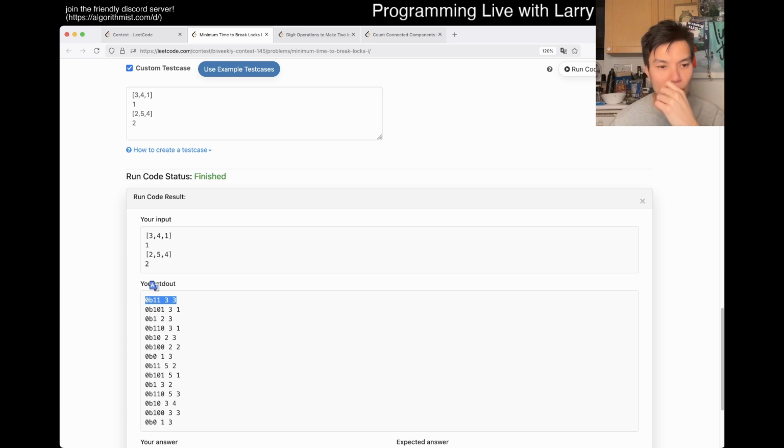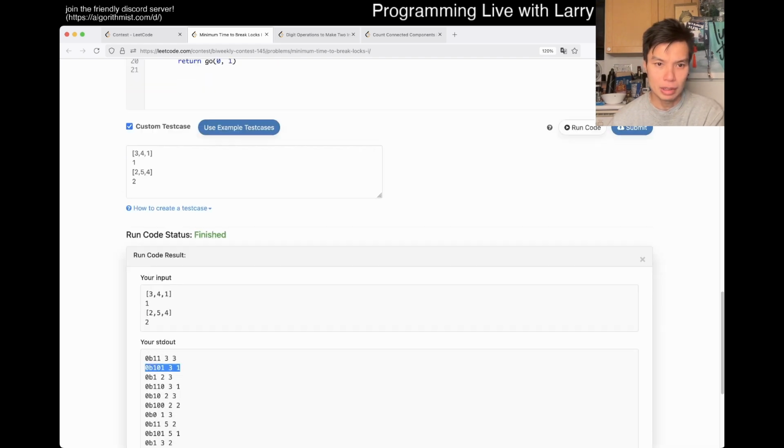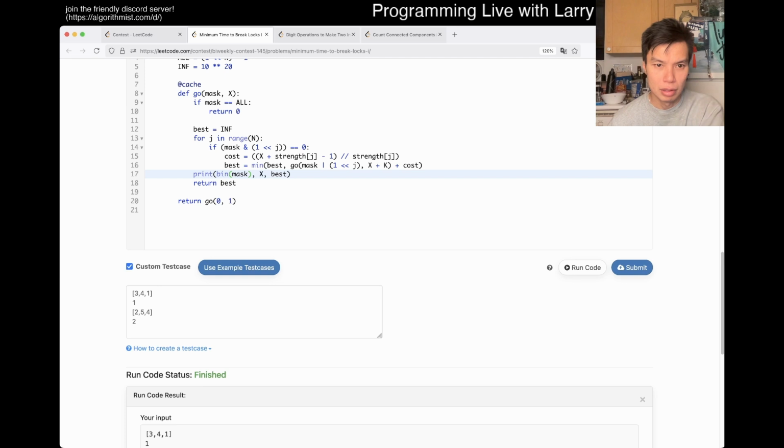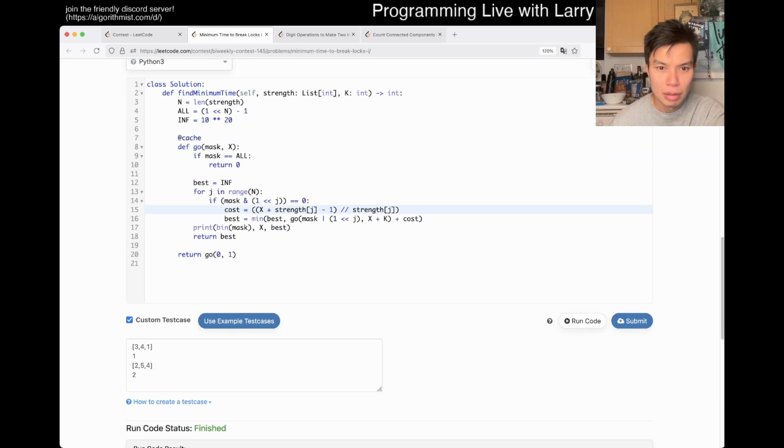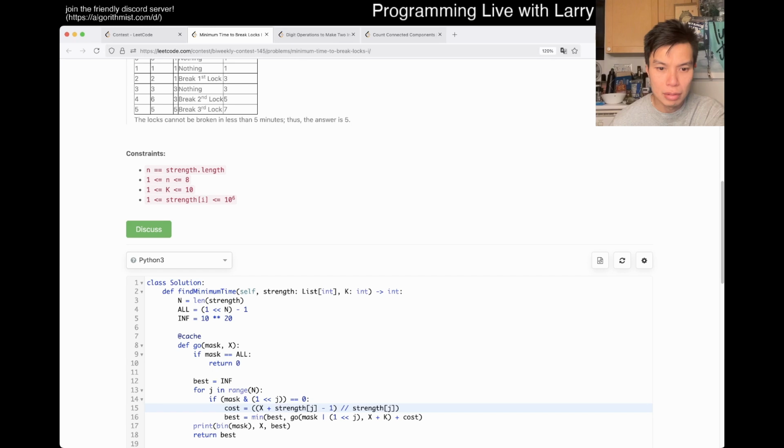Now it's in reverse order, so this is 1. So we want the 2, so 101. This doesn't make sense. Because the cost... No, the cost should be 2. Why is this 2? Am I dumb?